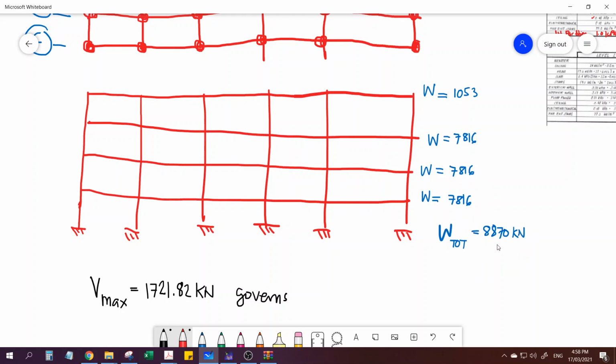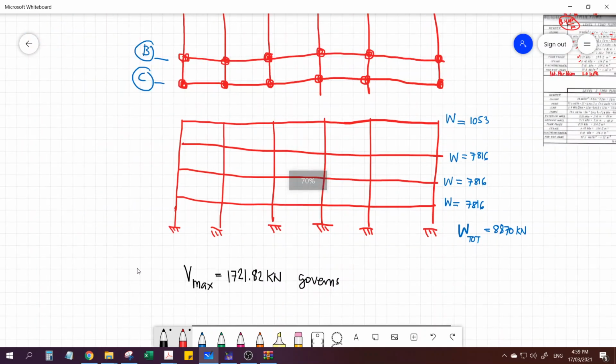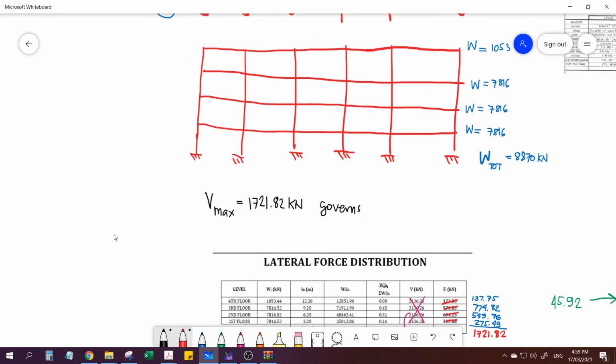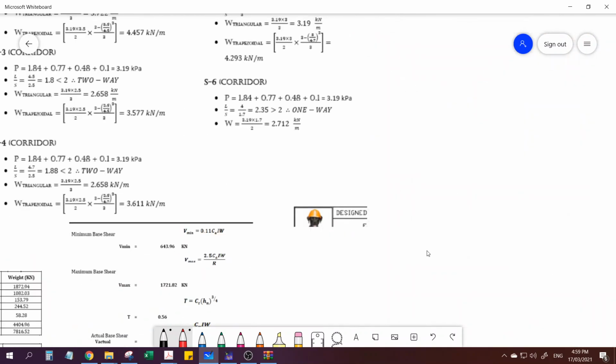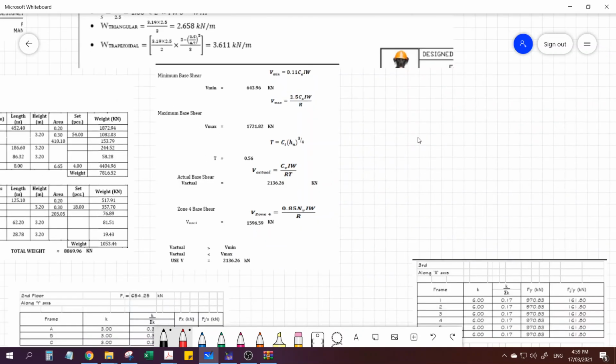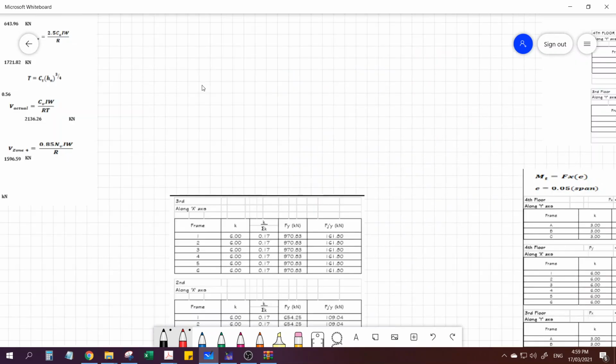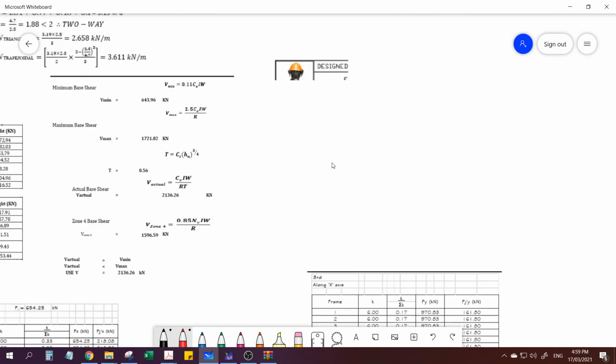Total weight of 8,870 kilonewton. Okay, then, ang meron na computation dito, this one. So, yung pinakita kong formulas kanina, na-apply na niya dito.